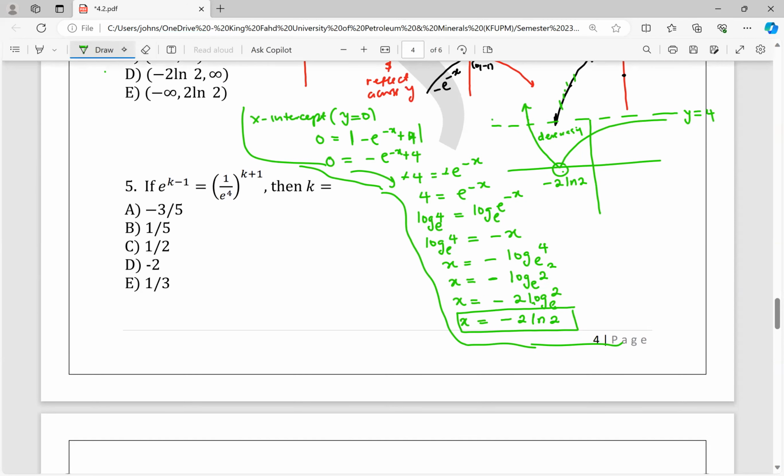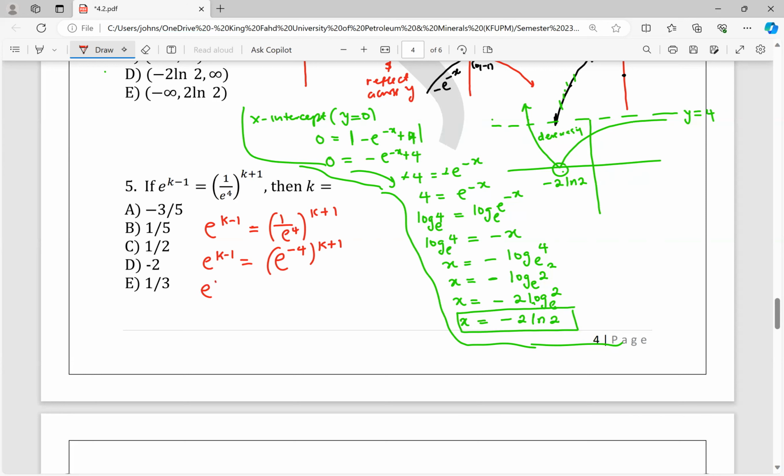Now let's solve number 5, this one here. For this one, we just want to find the value of k. We're given that e to the power k minus 1 equals 1 over e to the power 4, then k plus 1. We can write this as e to the k minus 1, and this also is e to the power minus 4, because e to the power minus 4 is the same thing as 1 over e to the 4.